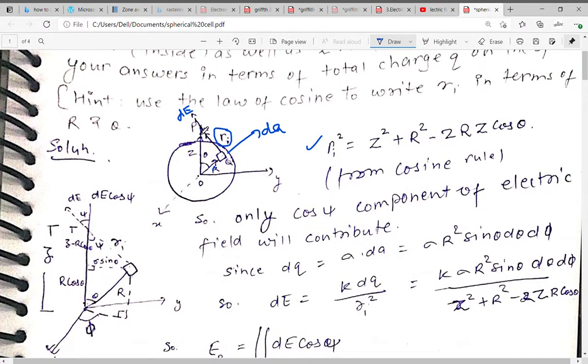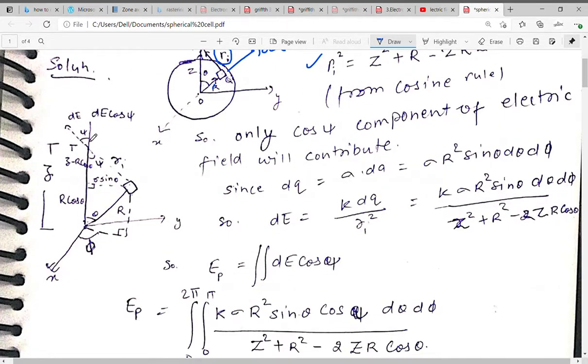Here we know that if we calculate the dE, only the cos component in this direction remains, and the sine component will cancel out. This is the cos component. Let's assume a psi angle.